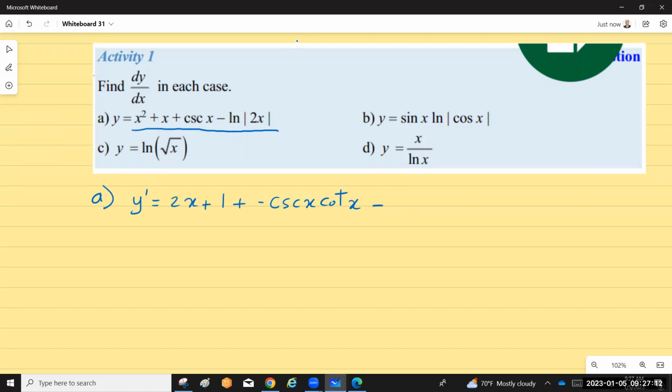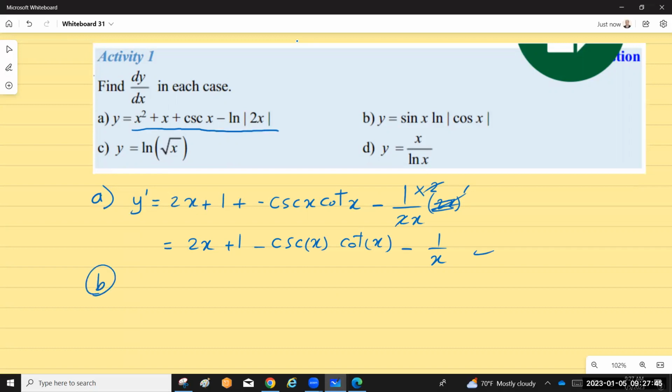Minus the derivative of len of a linear function, which is 1 over the function multiplied by the derivative of 2x, which is 2. So again, we can rewrite the answer as 2x plus 1 minus cosecant x cotan x, minus 2 over 2x, which can be written as 1 over x. Okay, 2 divided by 2 is 1, so you have 1 over x.